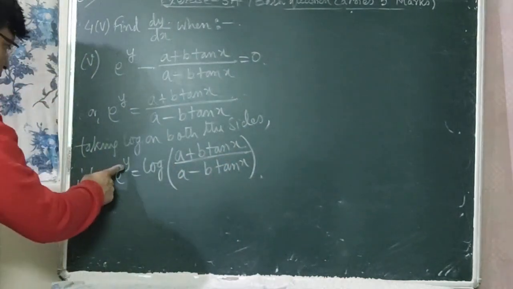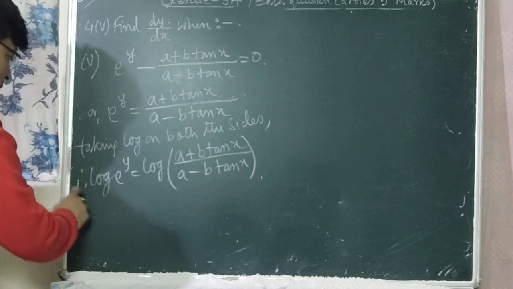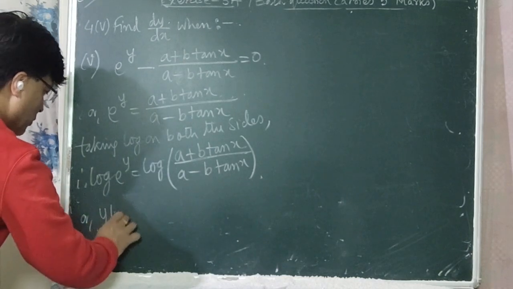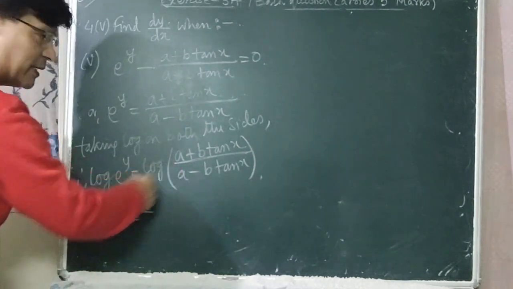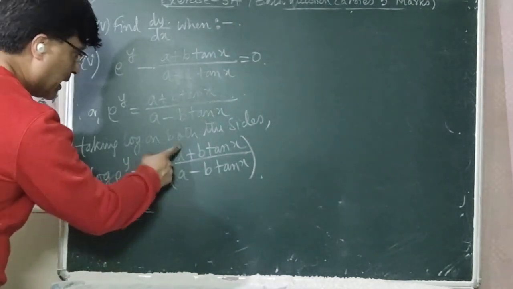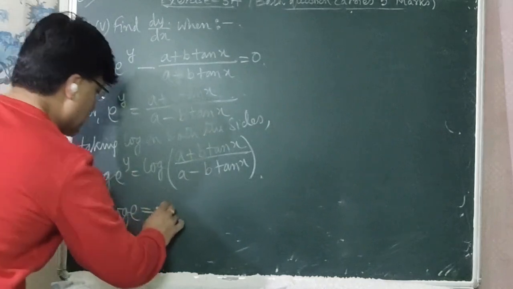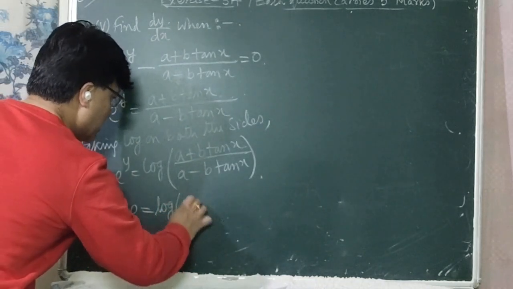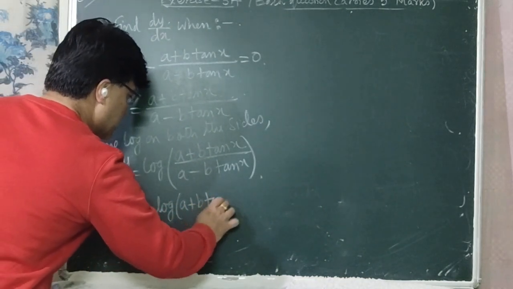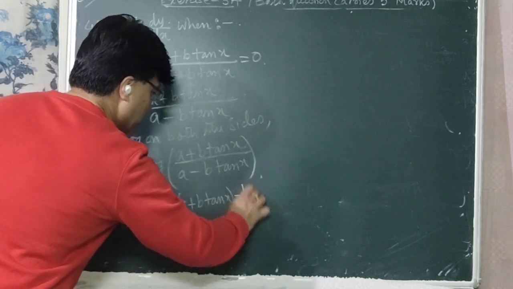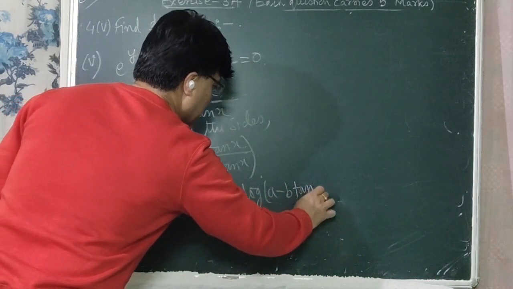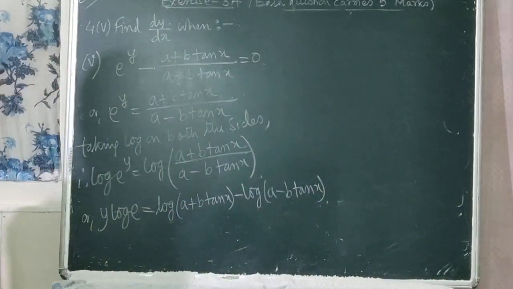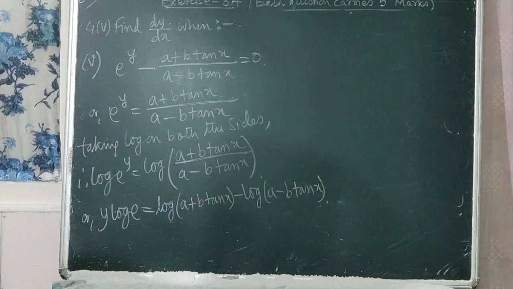Now, because of this log, y becomes the coefficient, or y log e is equal to, on the right hand side, log a by b means log a minus log b. So it is log of (a plus b tan x) minus log of (a minus b tan x). So we have used the properties of logarithm here.